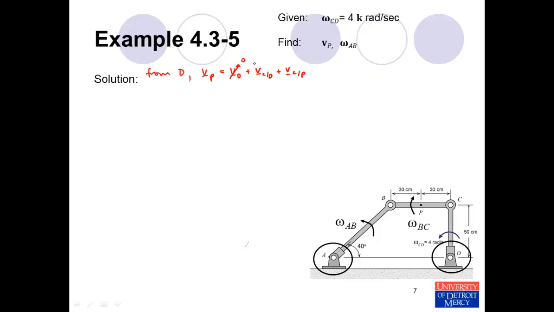We know the velocity of point D is 0 because point D is fixed. C is moving in a circle about D, so we can use circular motion equations, omega cross R, where the omega is omega CD, and the position is the position of C relative to D. So this is the velocity of C relative to D.